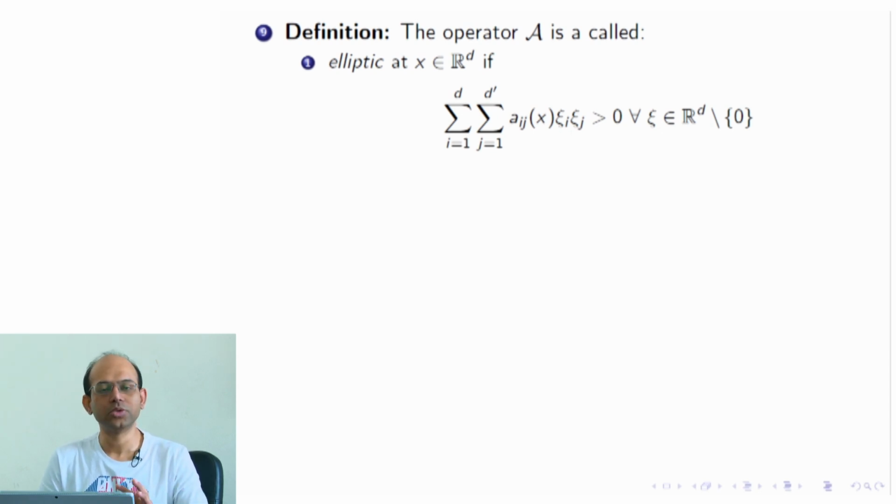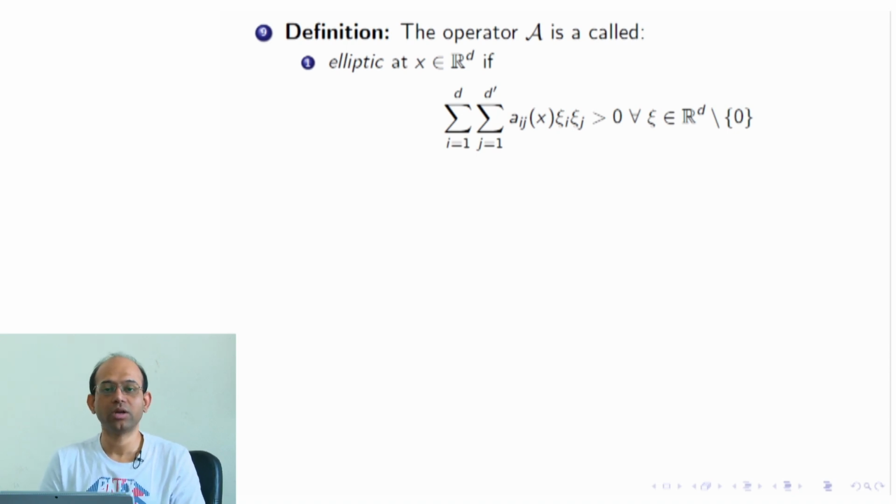So xi transpose a xi, written in terms of double summation. Yes, there is a typo, it should be j is equal to 1 to d. The sum a_ij(x) xi_i xi_j is greater than 0 for all xi in R^d minus 0. Of course when xi is the origin, this is 0, there's nothing big deal, but when xi is non-zero, then this is non-zero.